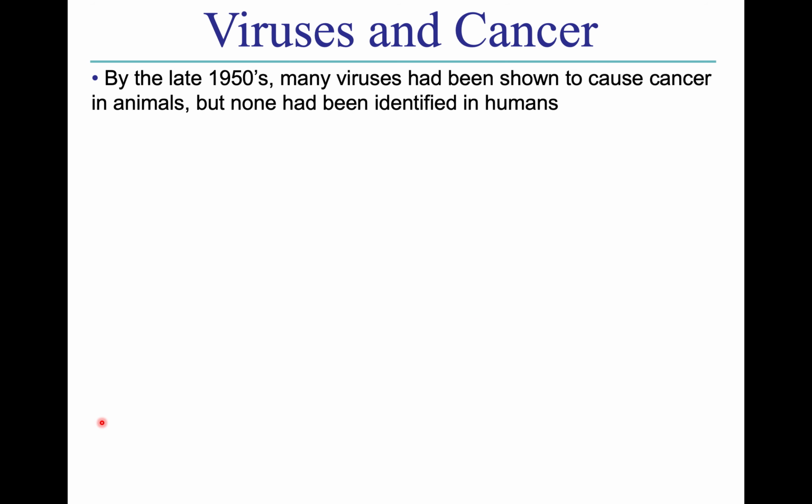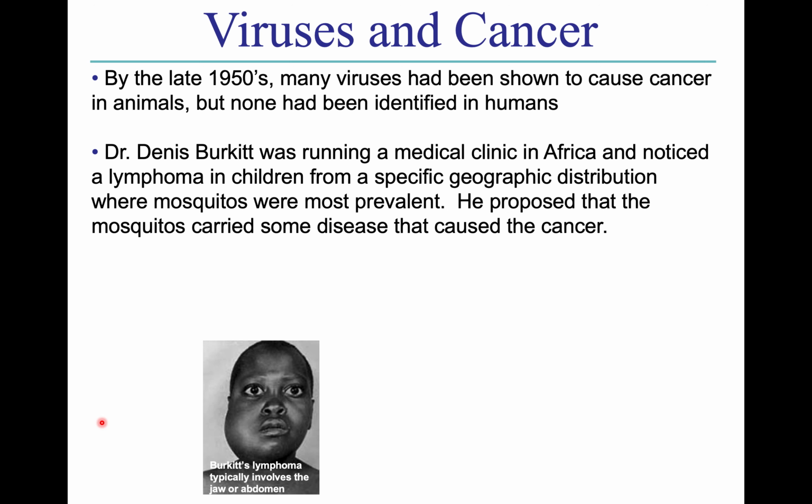So we fast forward 40, 50 years. By the late 1950s, there were a bunch of viruses that had been shown to cause cancer in animals, but still none that had been identified in humans. So there was some thinking, oh, okay, well, maybe there are no cancer-causing viruses in humans.